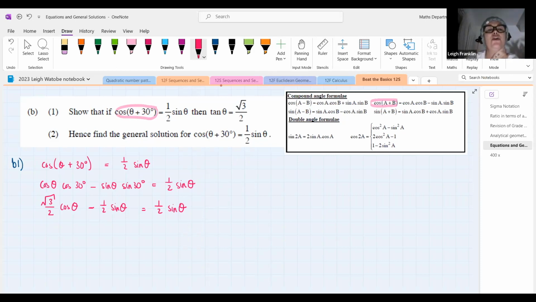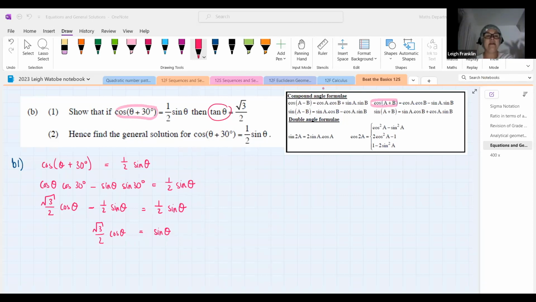Remember, we need to show that tan theta is root 3 over 2. Remember, tan theta is sine theta over cos theta. And what do you think you should do at this step over here? I'm dropping big hints. That's it. So Kamchelo says, let's collect like terms. Good job. Okay, so root 3 over 2 cos theta equals sine theta. Well done, Kamchelo.